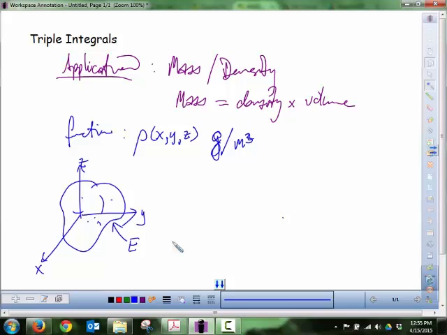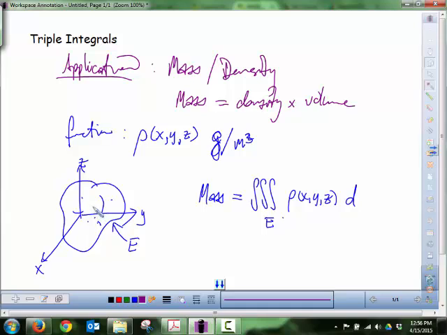So the mass for this case is going to be a triple integral over that solid of your density function. Now we need to take a look at a volume element.